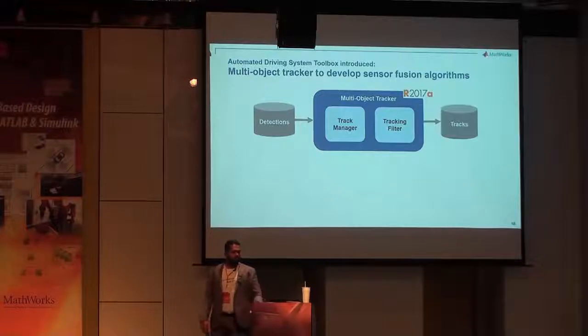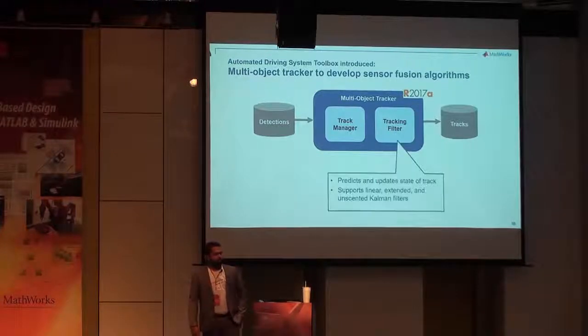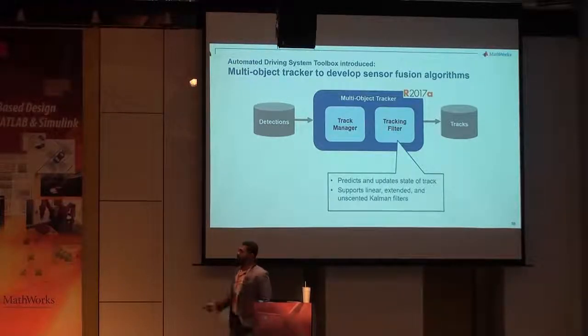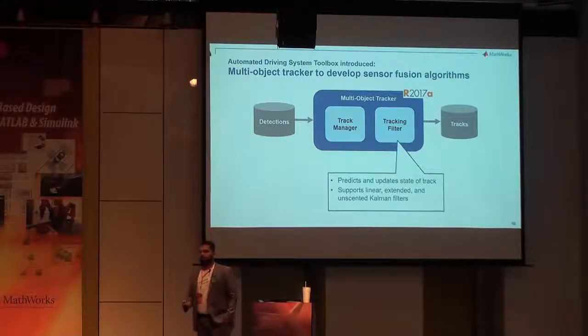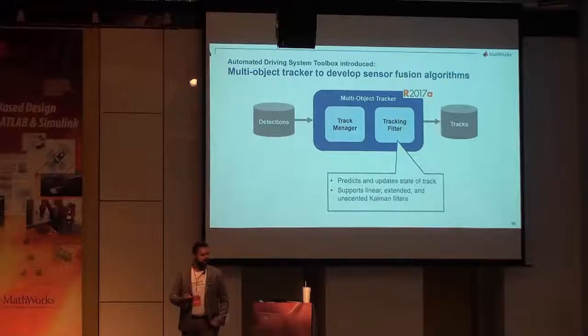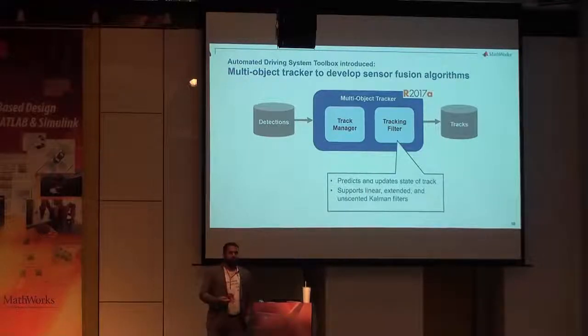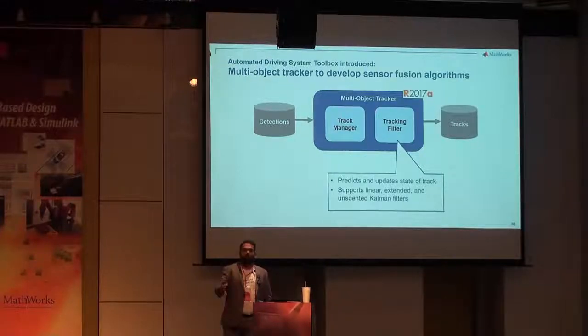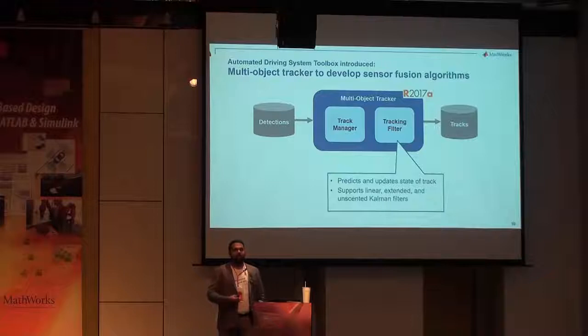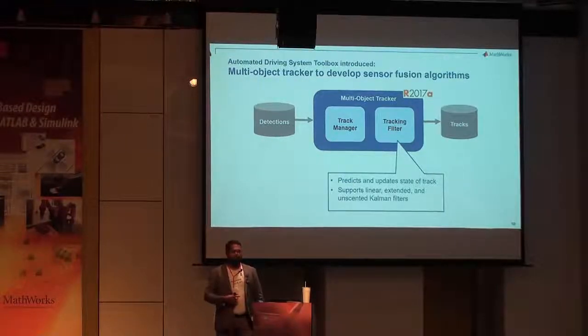So in here, what we have is a new multi-object tracker that contains both a tracking filter and a track manager. The purpose of a tracking filter is to actually do the prediction. When we say tracker, unless you're working in the industry and working closely with trackers, you may not be familiar with this terminology, so I wanted to make you aware.